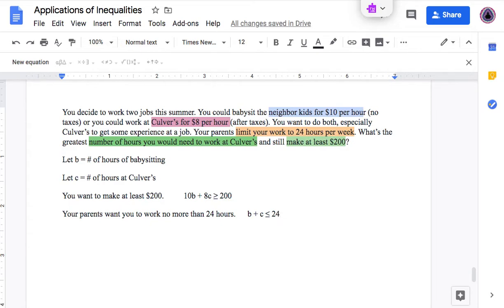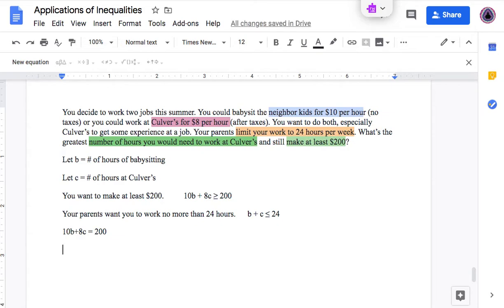Now, I always prefer to use a hand graph, but for the purpose of this screencast, I will use Desmos. So first things first, let's get these ready for graphing. I'm going to change them to equals.